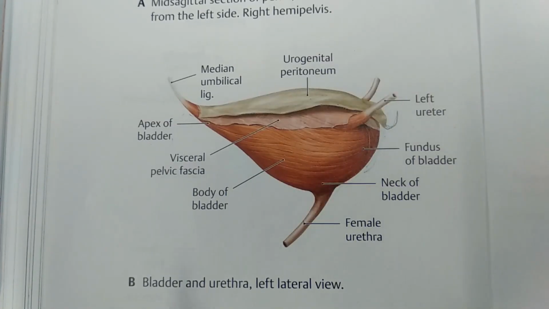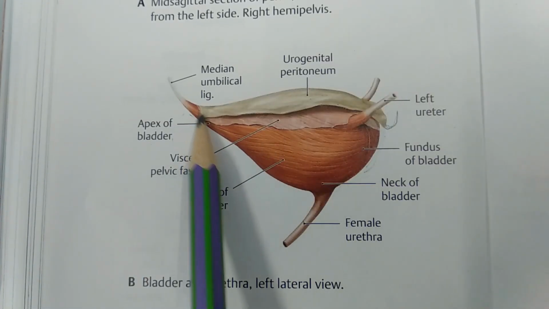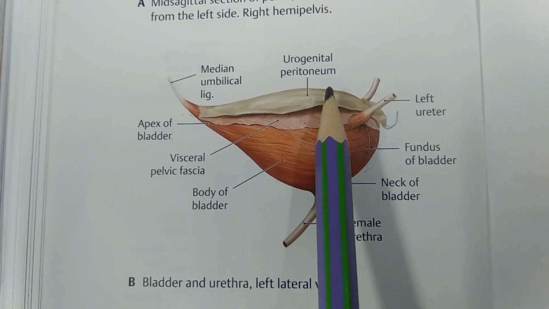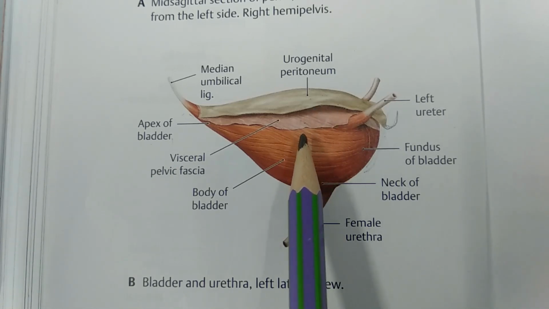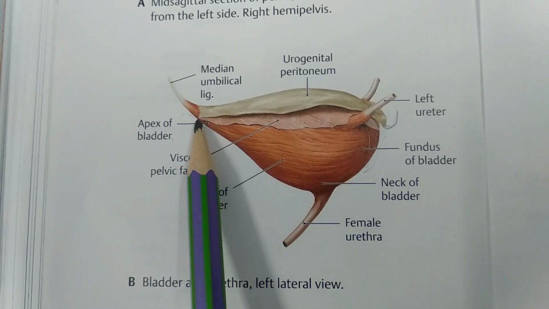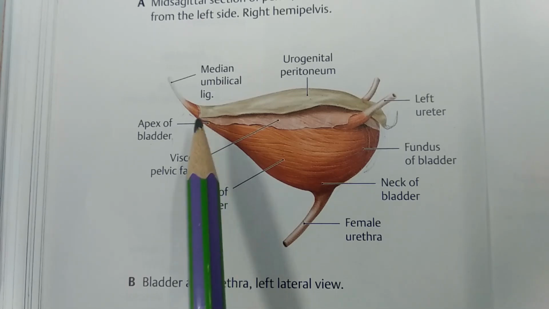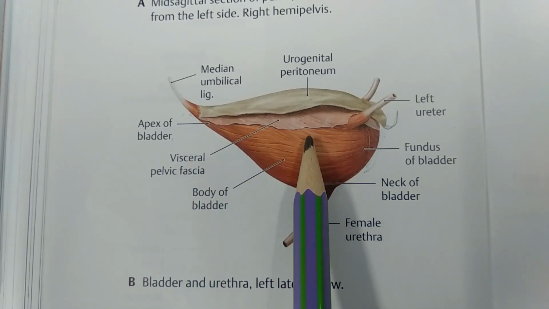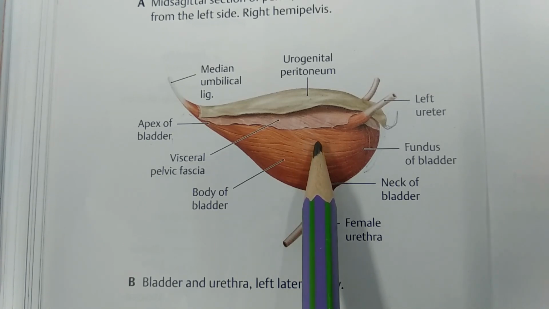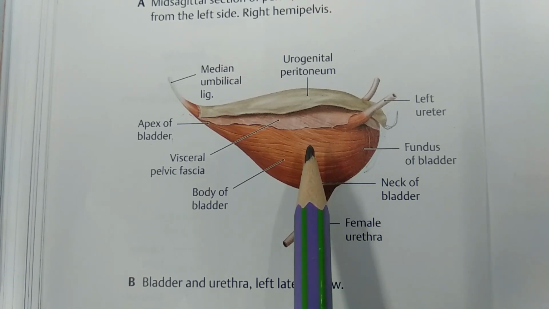Talking about the inferolateral surfaces, on both sides, right and left, they are related in front to the retropubic pad of fat and the pubic bone, and posteriorly they come into contact with the obturator internus muscle above and the levator ani muscle below.